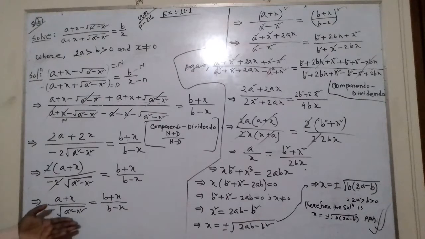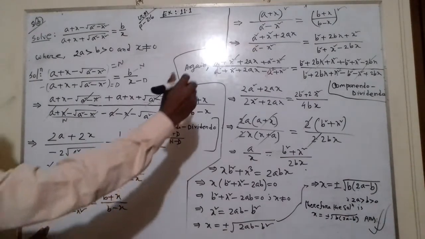If we find the value of x from this equation, we must cancel the square root term on the left hand side of this equation. So we square both sides of this equation.